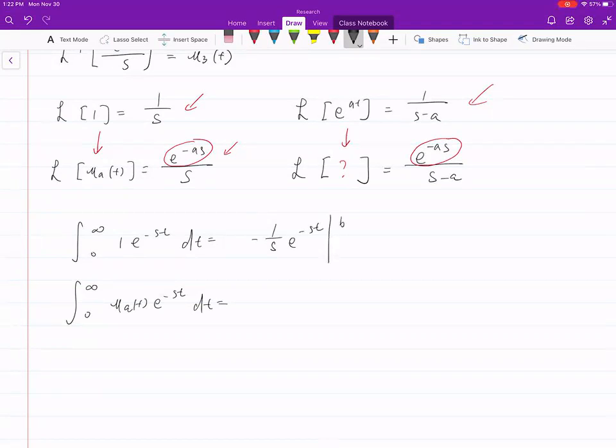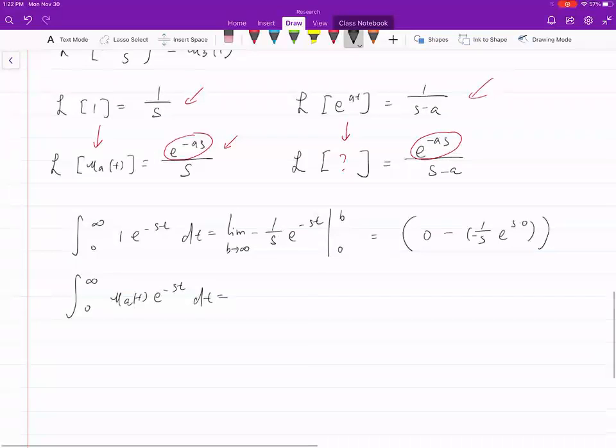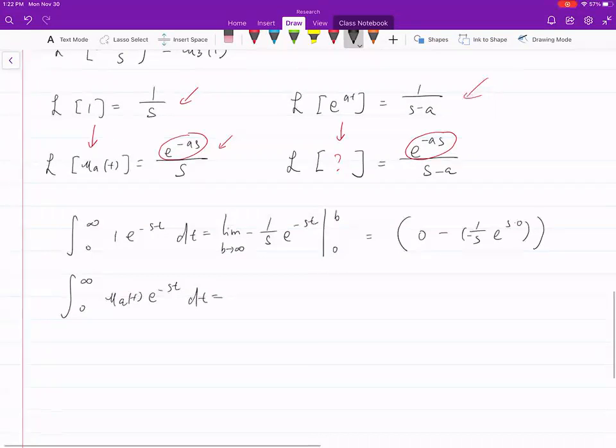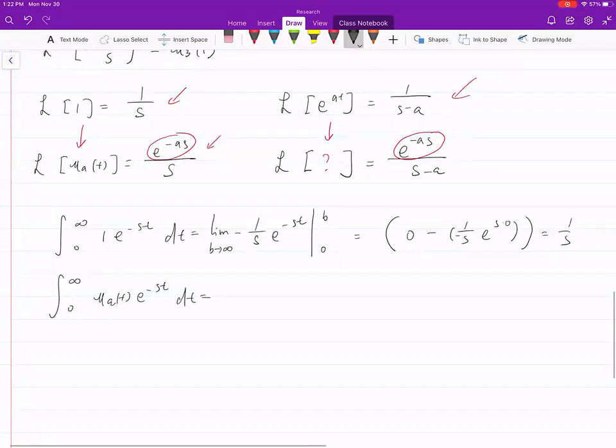We have a b here. We have a 0 here. We have a limit. B goes to infinity. Okay, which gives you, if you pick the thing to be right, 0 minus 1 over s minus e to the s times 0. Okay, finally, if you finish, this is 1 over s. Why? Because this part goes to 1.